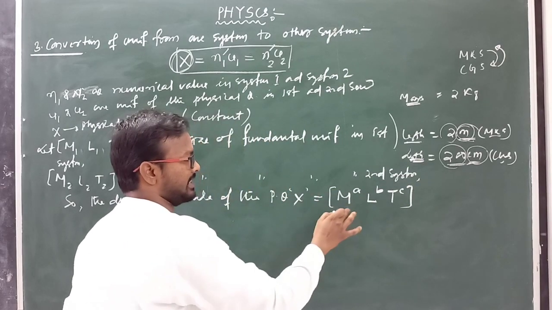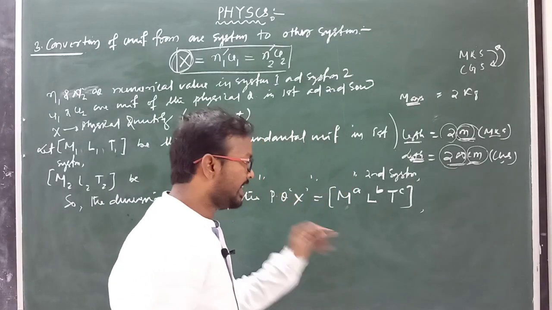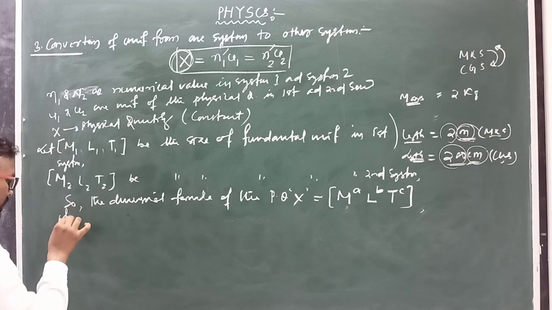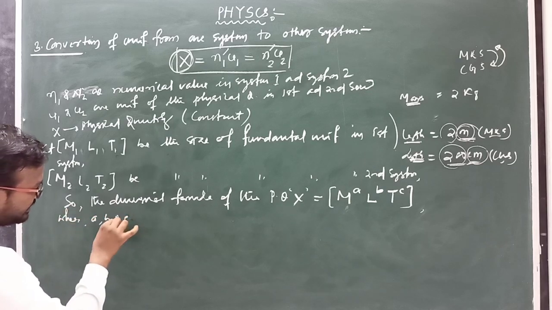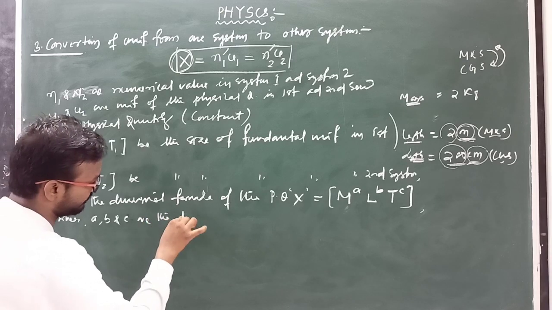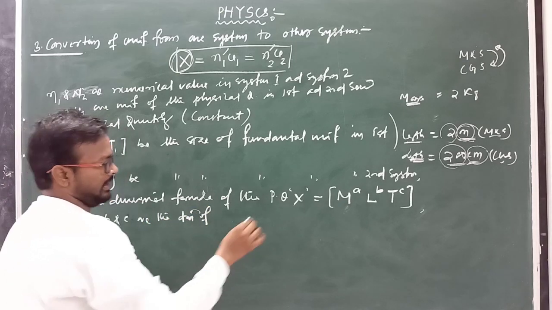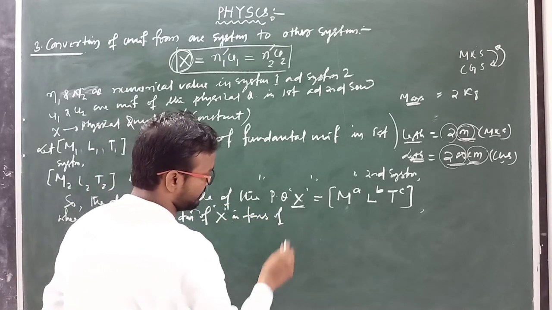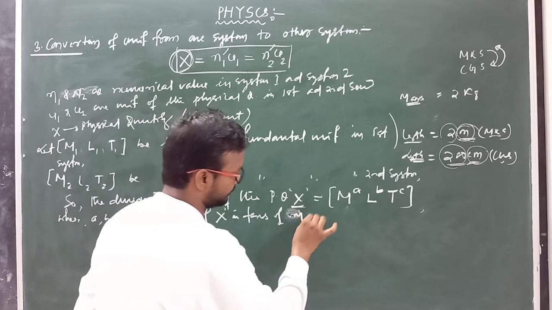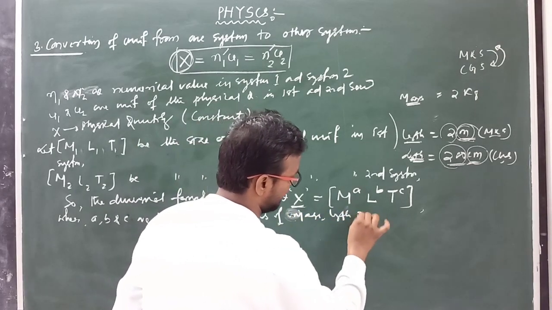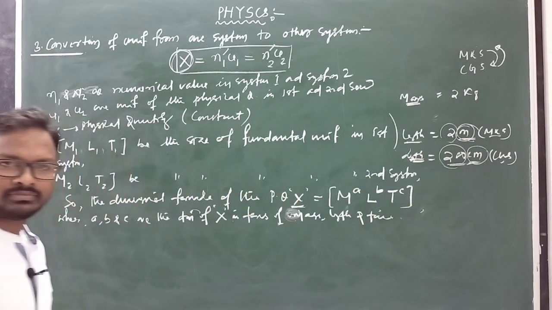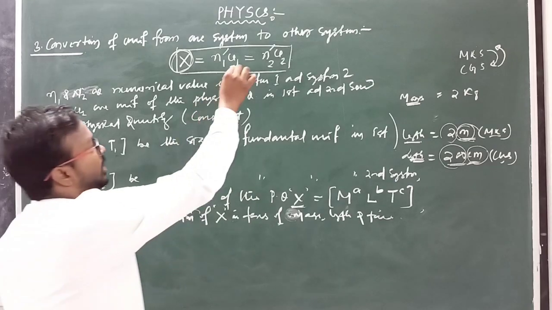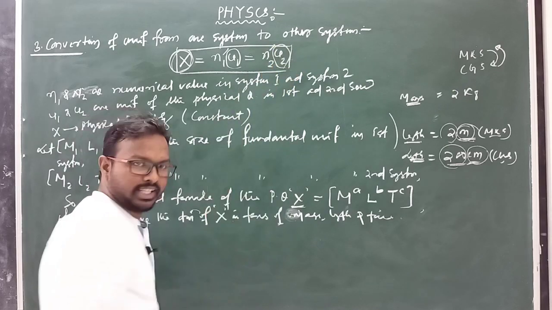So what are a, b, c? a, b, c are the dimensions of X in terms of mass, length and time. Clear? So there is another unit here, U1 in the first system and U2 in the second system.